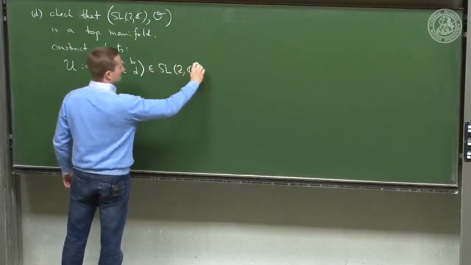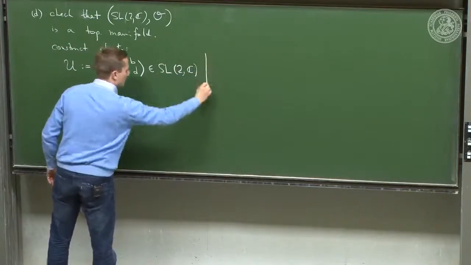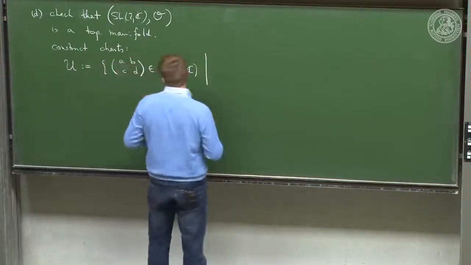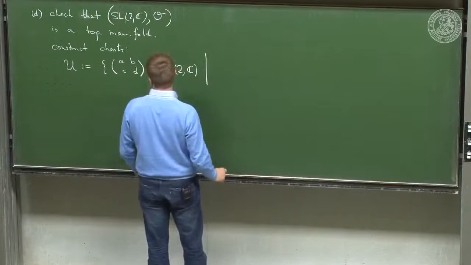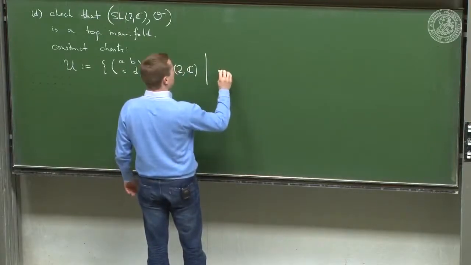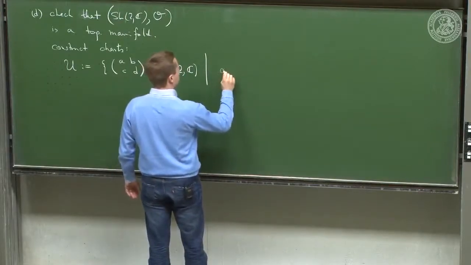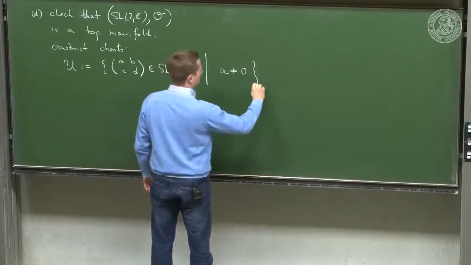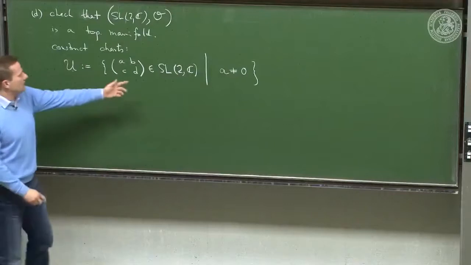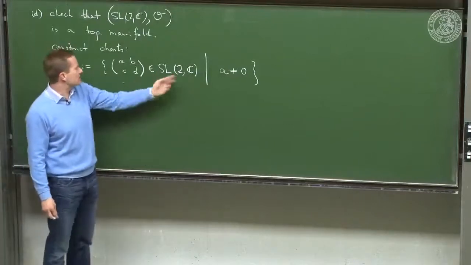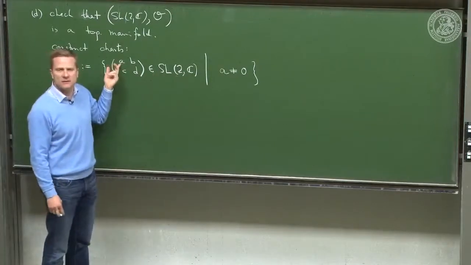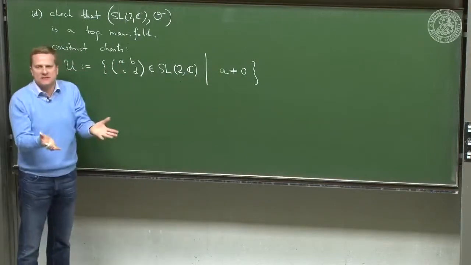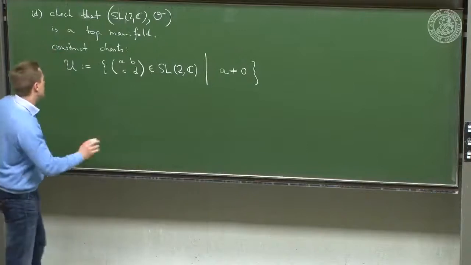It certainly needs to satisfy this condition, and I claim it is necessary to have a subset because I do this for A non-zero. That removes some points from SL2C, because there are SL2C matrices that have a 0 here. So this chart domain doesn't cover the entire SL2C.